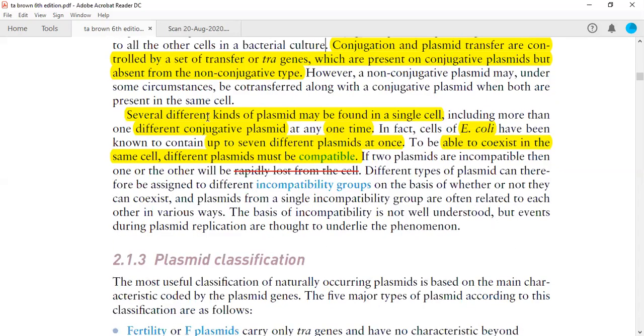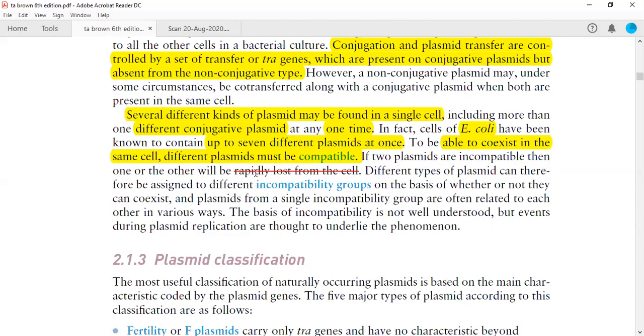Second thing, several different kinds of plasmid may be found in a single cell. It can also happen. This is called compatibility. So the bacterial cell is said to be compatible if it is having more than one type of plasmid at once. For example, E. coli can have up to 7 different plasmids at once. To be able to coexist in the same cell, different plasmids must be compatible with each other. If two plasmids are incompatible, then what can happen?